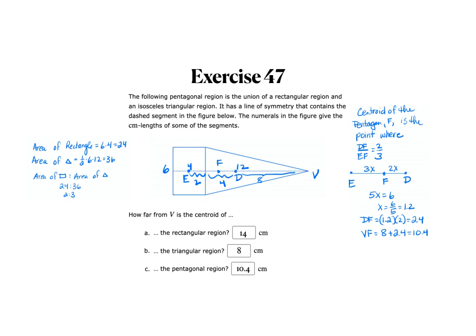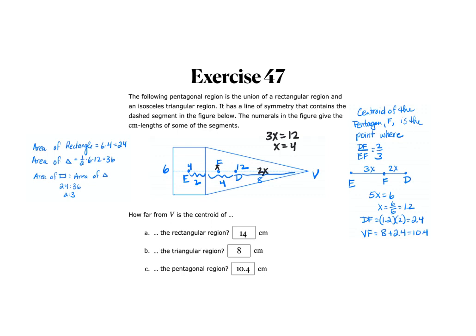So since this is 12, I can find how far that is from V by knowing that this is 2 times x, make that x, so I have 3x equals 12, x then is 4. So now I know that from the midpoint to D is 4 away, and from D to V is 8 away. So how far is V from the centroid of my triangular region? It's 8 centimeters away.